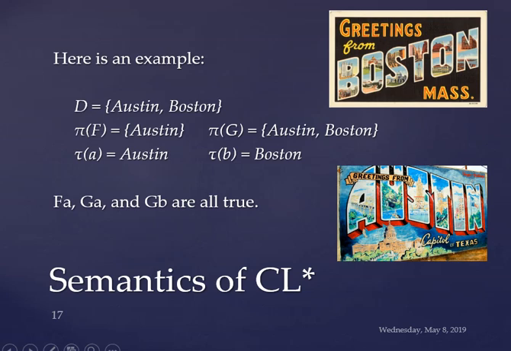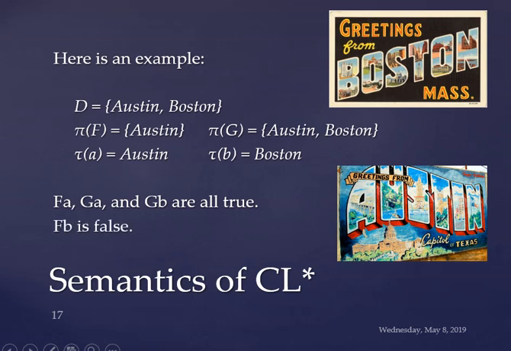Austin. Is Austin in the extension of F? Yes, it is. It satisfies the model. Then, what about this? Is A in G? Well, it sure is. Austin is in the extension of G, and so is Boston. B is naming Boston, and so it's in G. So those are all true. Those satisfy the model.